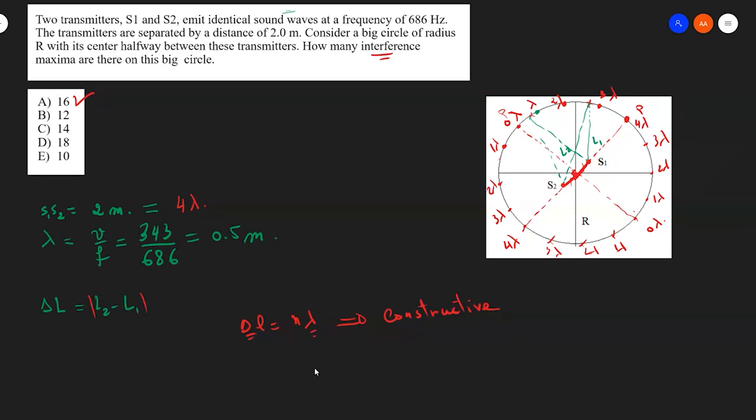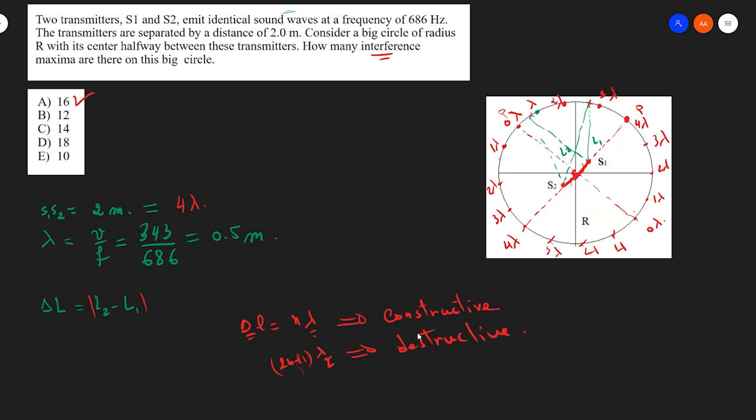Very important. If it is destructive, it will be lambda over 2, and you need here 2n plus 1. This one is destructive. So the nodes are multiple of half lambda. Here, let's say maxima, not nodes, because nodes is a term that we use usually for standing waves. Here, it's not a standing wave.